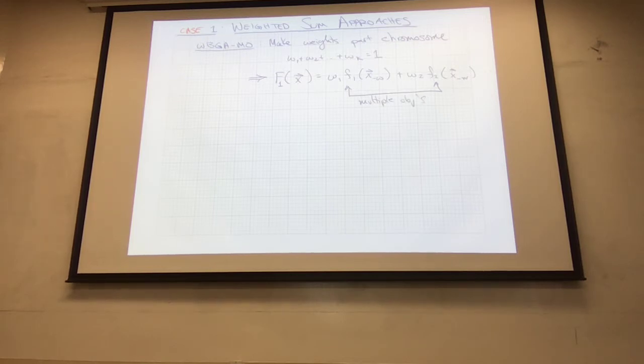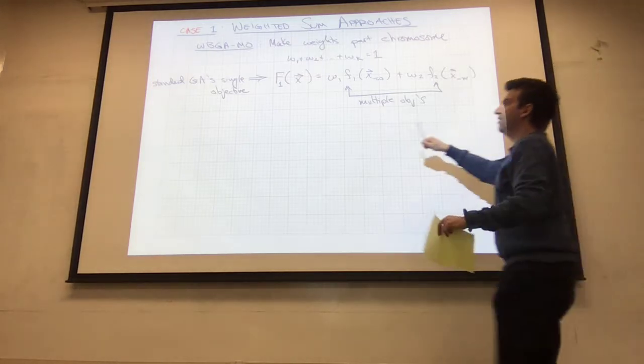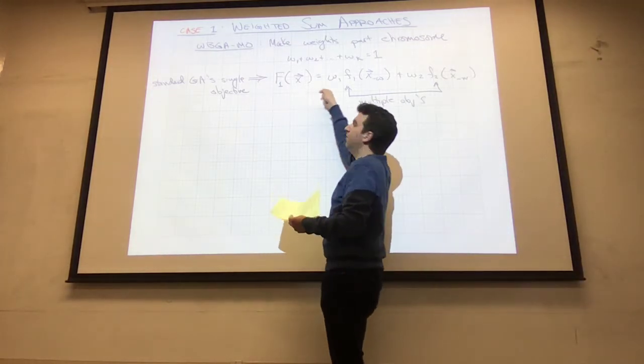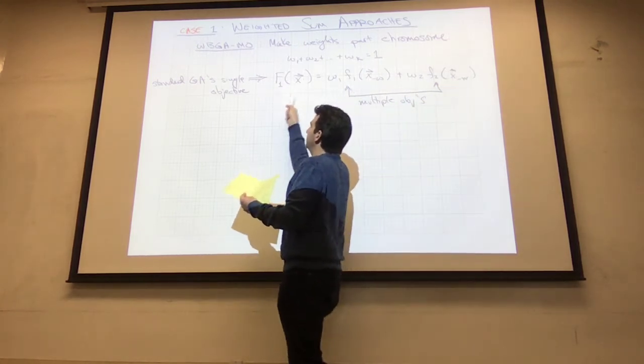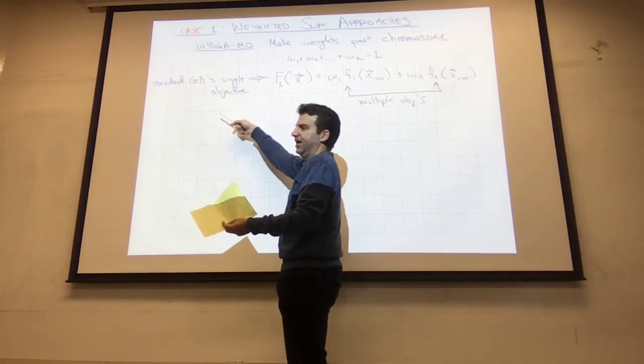But you pass into the genetic algorithm a standard GA's single objective. So you code it up with a standard GA where the single objective just happens to be the weighted sum of your multi-objectives. But as far as the GA is concerned, it's just a normal GA.